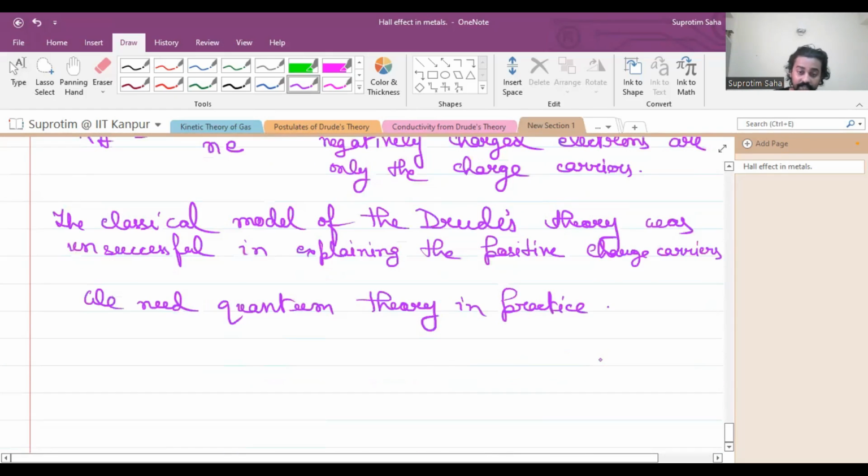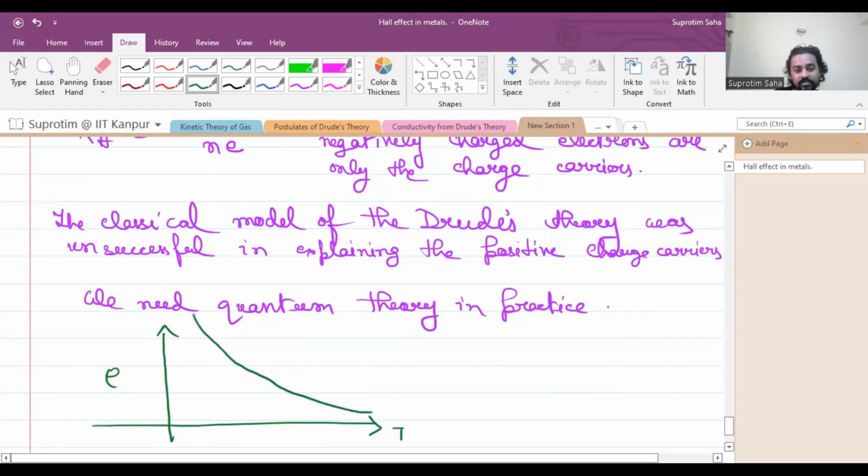Another great failure of the Drude theory was to explain the behavior of the insulators. So as you go down in temperature, the resistivity of the insulators diverges, right? So at T tending to 0, rho tends to infinity.